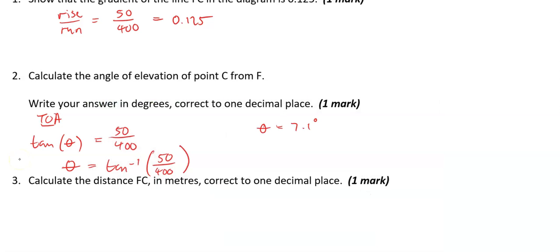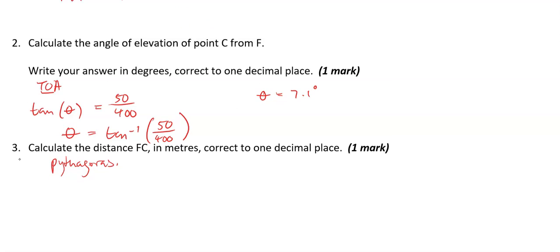Now they want the distance, FC. Now this one you can either use Pythagoras, because you have both sides, or you could use a trig rule now that you have an angle. Pythagoras is going to give you your most accurate answer.